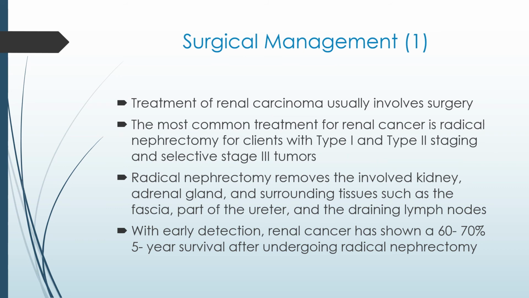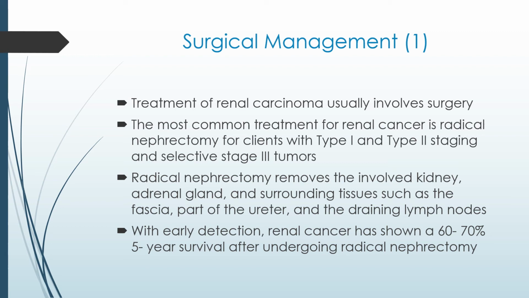The treatment of renal carcinoma usually involves surgery because remember, we can't do chemo, right? So we're going to do surgery. The most common treatment for renal cancer is radical nephrectomy for clients with type 1 and type 2 staging, and then selective type 3 tumors.